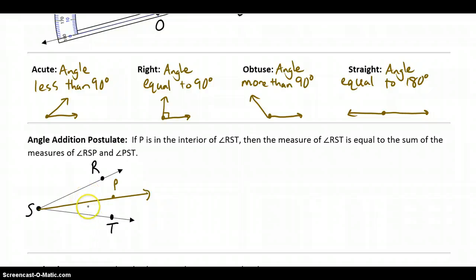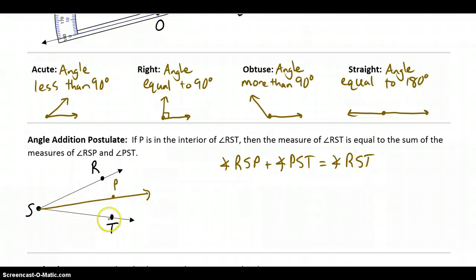And if I add 2 angles, the result is equal to an angle. So in this diagram, I could say angle RSP plus angle PST equals, well, if I take RSP plus PST, for an answer I get angle RST. Small angle plus small angle gives me big angle.